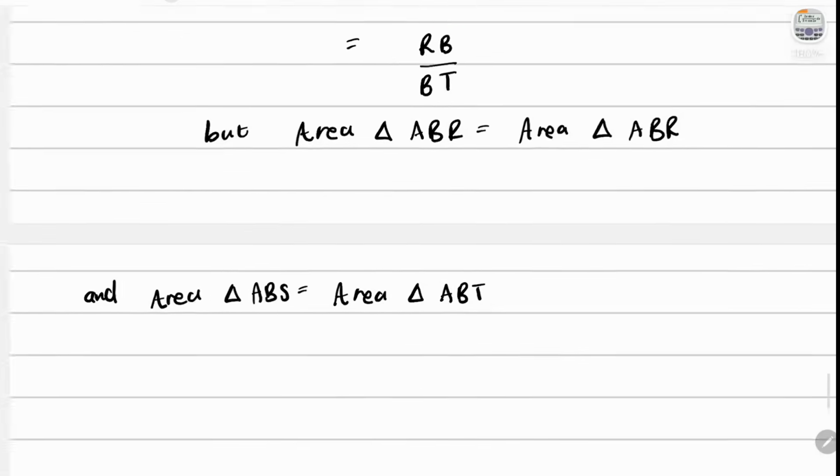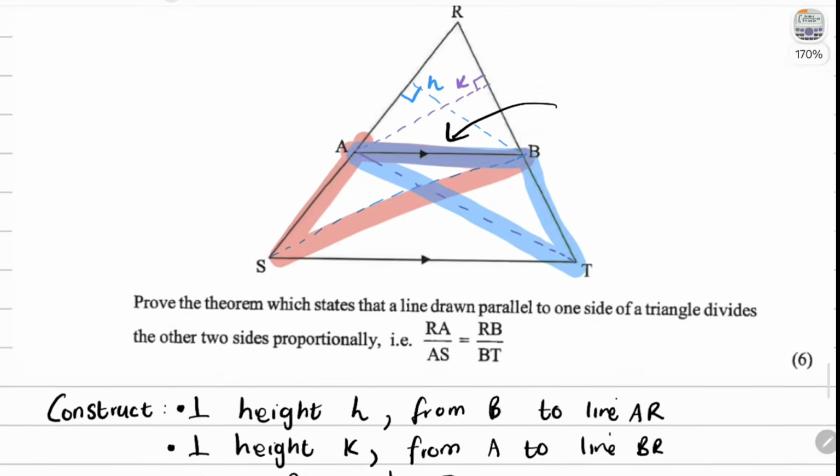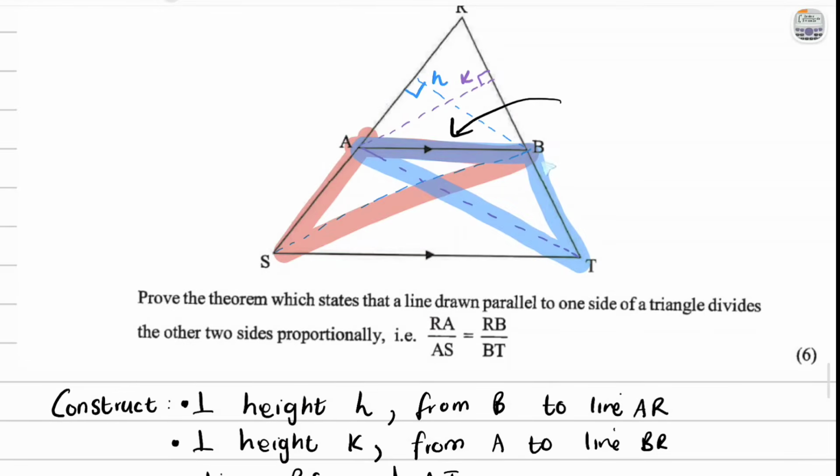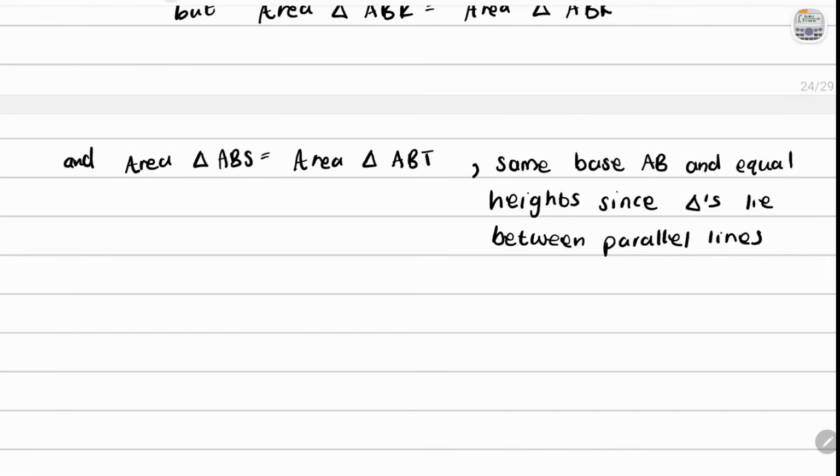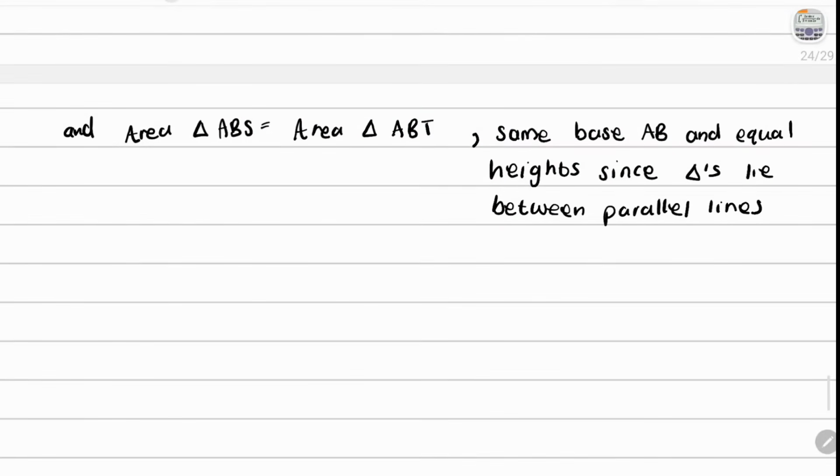Okay, and we can of course tell them the reason, because they have the same base AB and they're between parallel lines, so they have the same height. They have the same base and equal height, since the triangles lie between parallel lines. So all you need for the two areas to be exactly the same is that their base needs to be the same and their height needs to be the same, because the area of a triangle is found by saying a half times the base times the height.